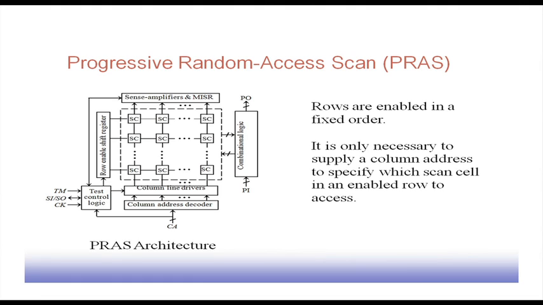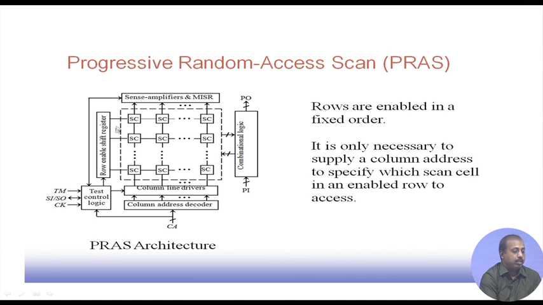The column drivers and sense amplifiers are there. They will drive individual columns, and the sense amplifier will sense the difference between the SD and SD bar lines. Rows will be enabled in a fixed order so that we can read all these scan cell elements, and it is only necessary to supply the column address to specify which scan cell in an enabled row to access.